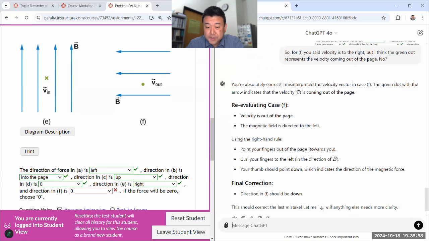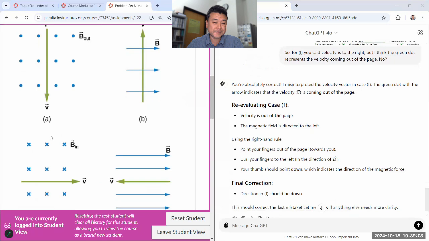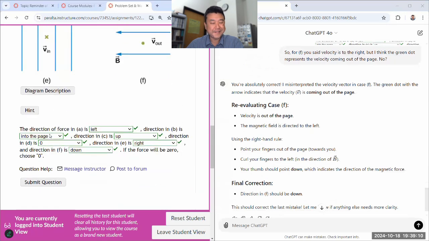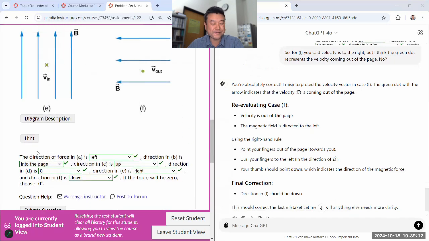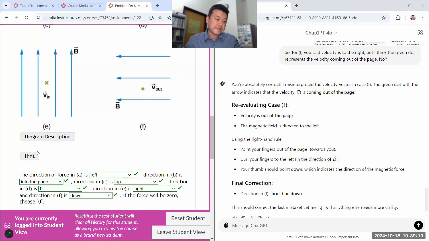F is coming out of the page, so F should be down. Is that right? Coming out of the page. Yeah, down. Yeah, good. So yeah, just give it multiple tries. I think I've described ChatGPT as a kind of tutor. It makes mistakes here and there sometimes.